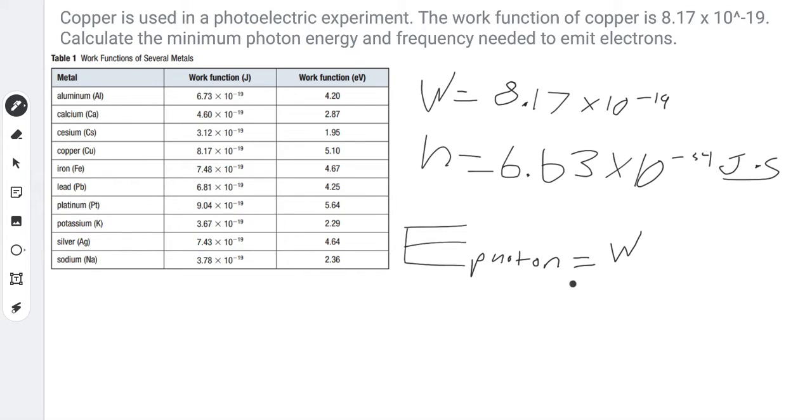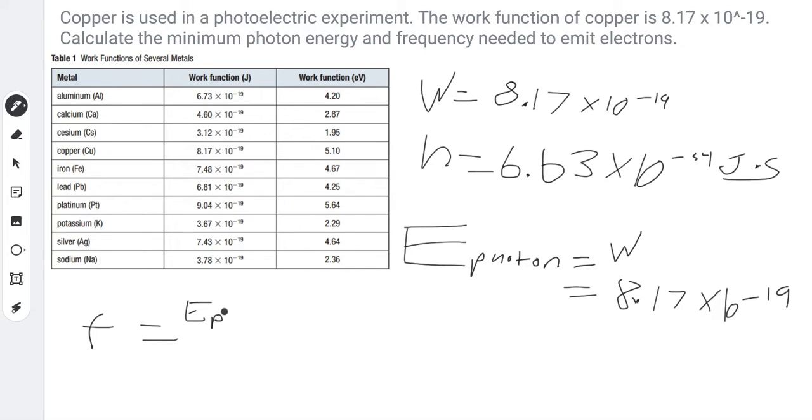So we know the work function of copper is 8.17 times 10 to the power of negative 19. And now we solve for frequency, which is E photon over h, or Planck's constant, and we plug in the numbers.